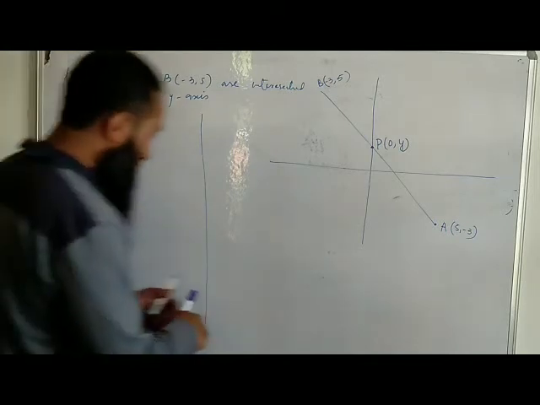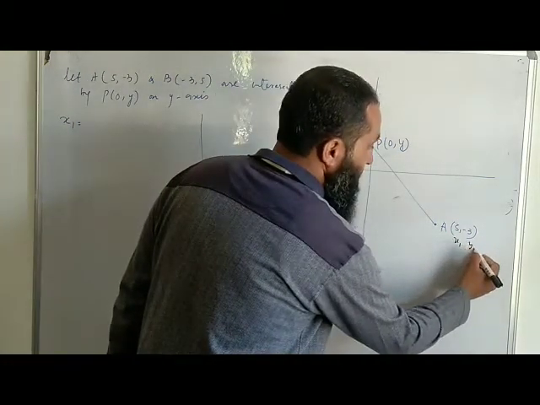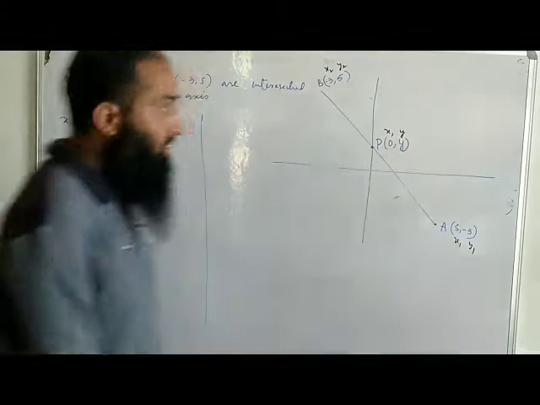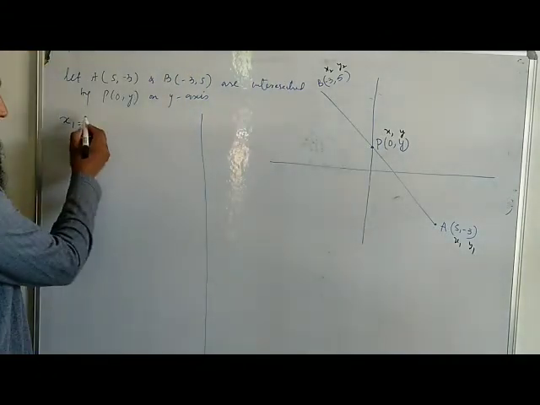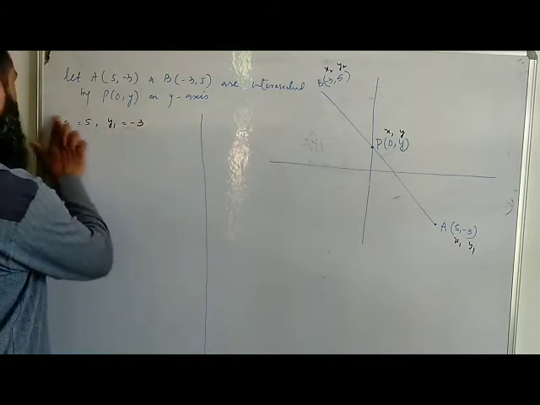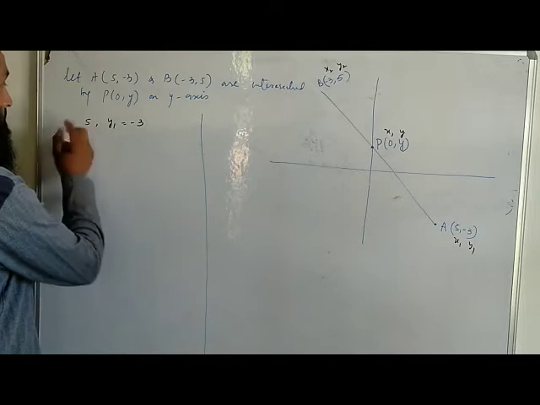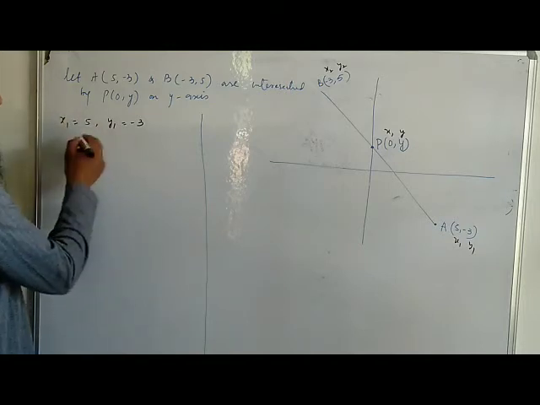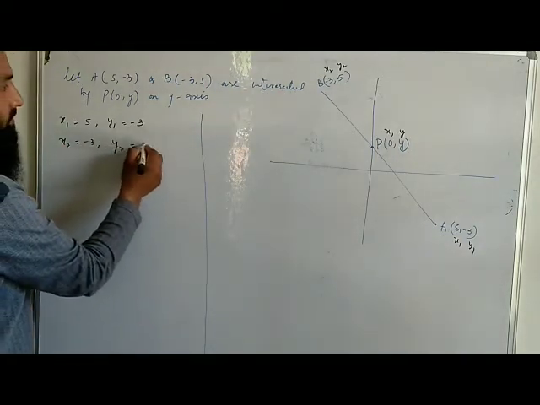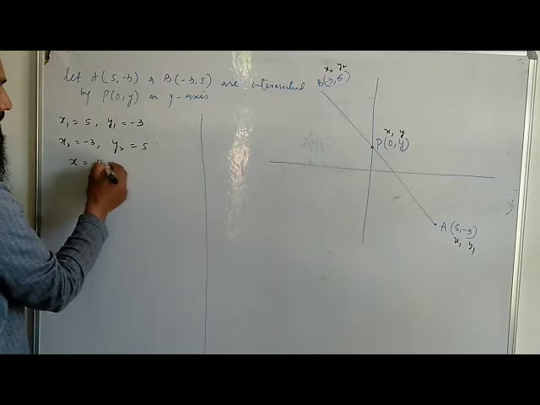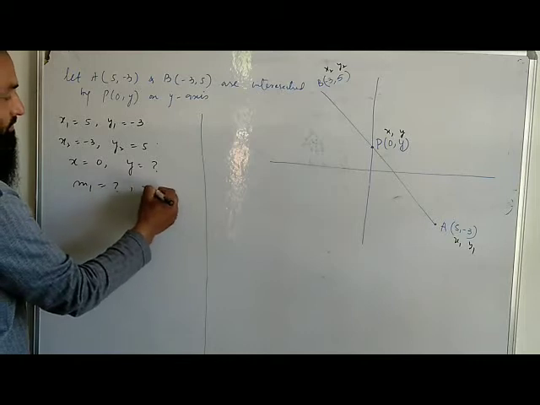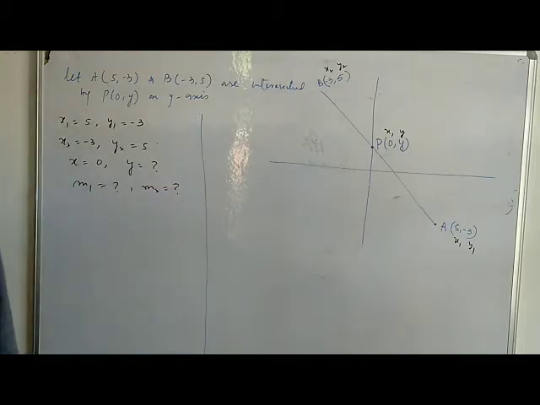This is x1, y1, this is x2, y2, this is x, y. So x1 is equivalent to 5, y1 is equivalent to -3. x2 is equivalent to -3, y2 is equivalent to 5. x is equivalent to 0, y we don't know. We also don't know m1 and m2.